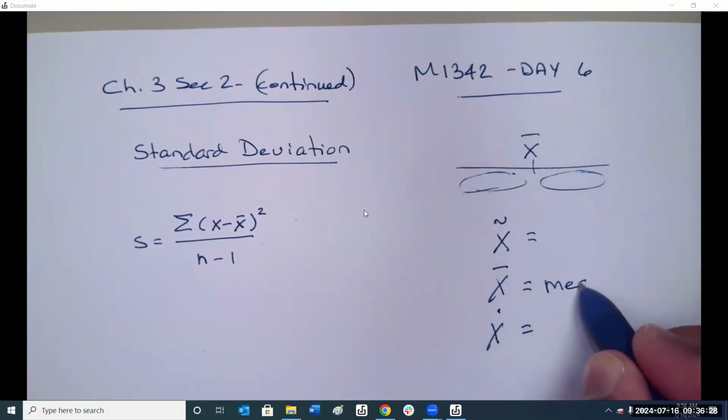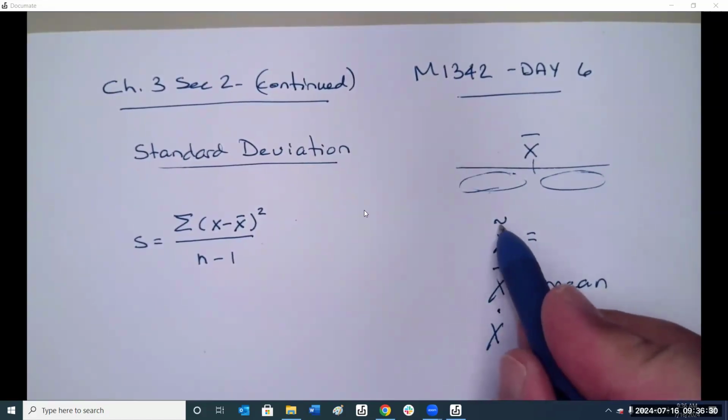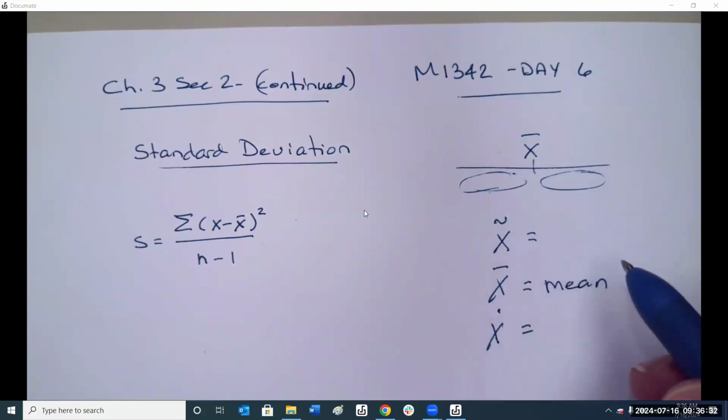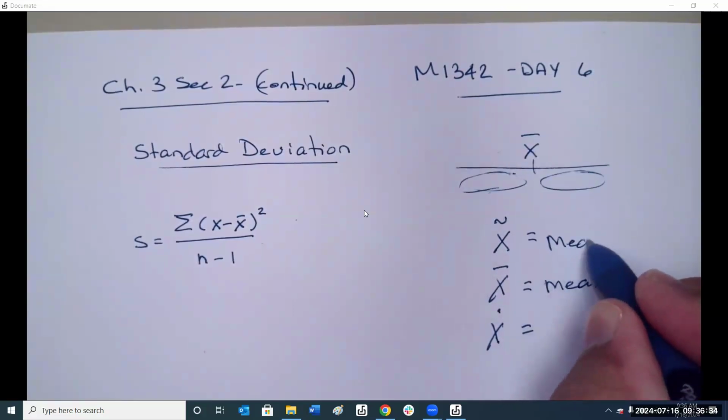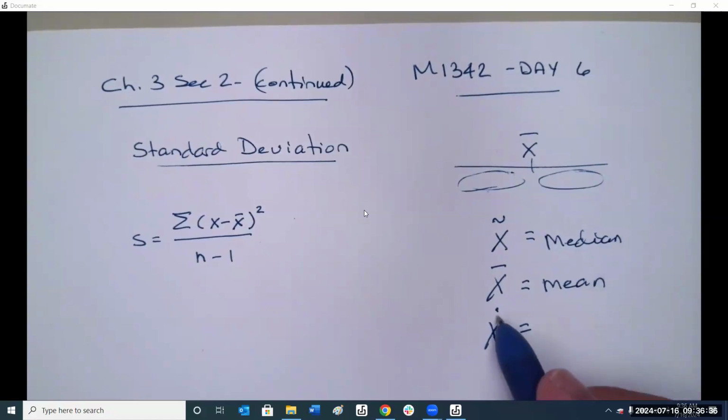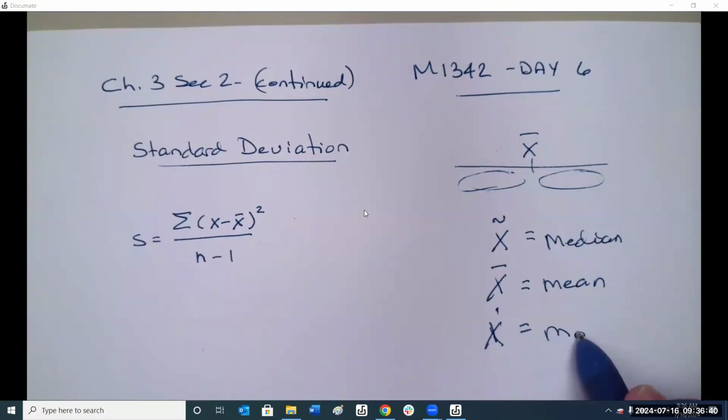X bar means mean. What is X tilde, the squiggle? The median. Very good. And the X dot? Mode. Yeah, because remember, mathematics is a language, and each of these symbols tells us what we're looking for.